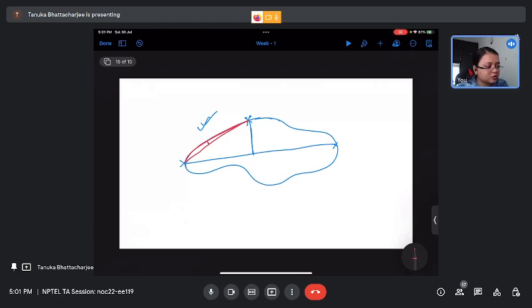But if this much variation in the boundary also matters for your application, then you set the threshold such that you again get a point over here, and you get a more accurate approximation. Depending on how exactly you need the polygon to match the actual boundary, you set your threshold.